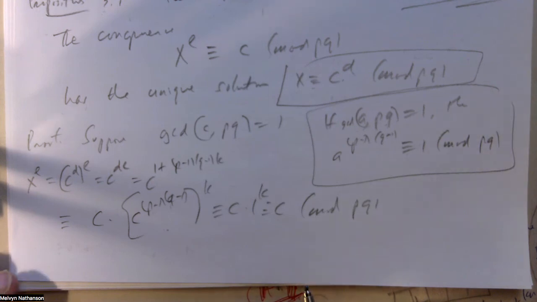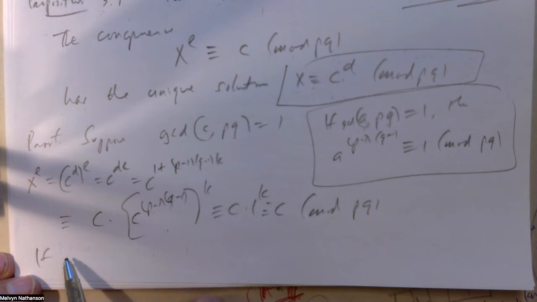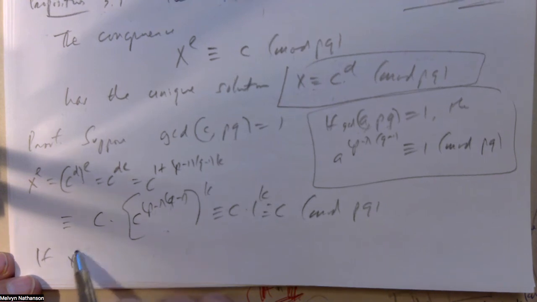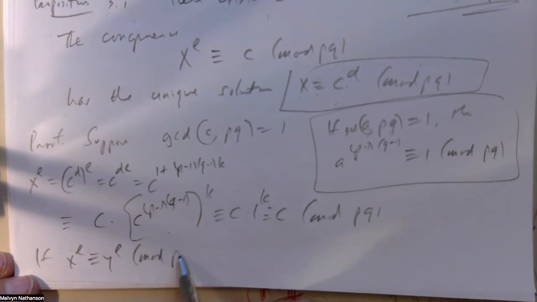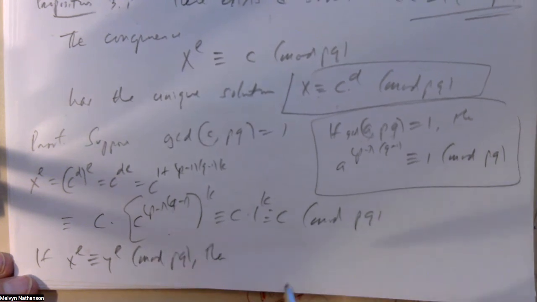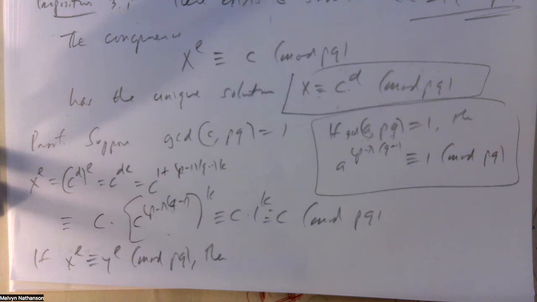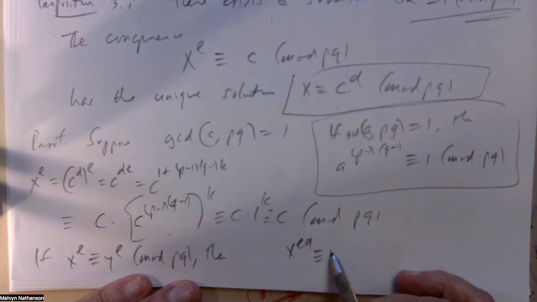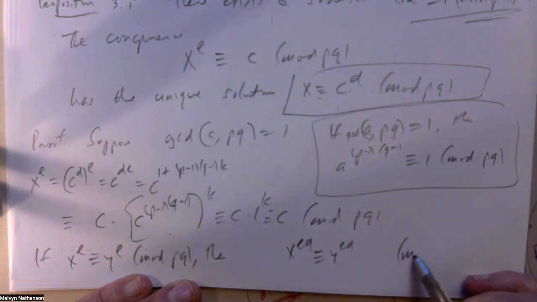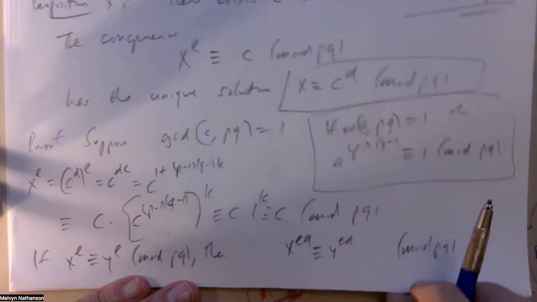And we can prove it's unique by the same argument. If x to the e is congruent to y to the e mod pq, then x to the ed is congruent to y to the ed mod pq.